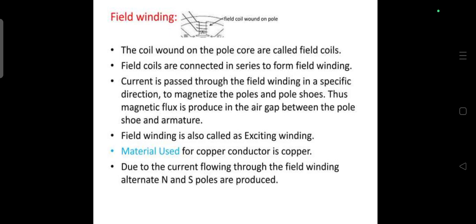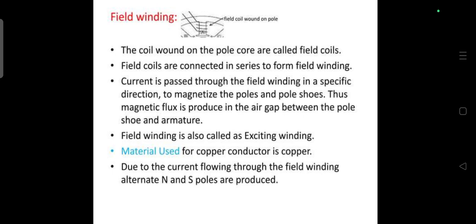The field coils are connected in series to form the field winding. The current is passed through the field winding in a specific direction so as to magnetize the poles and pole shoes. Thus magnetic flux is produced in the air gap between the pole shoe and armature. Field winding is also called excitation winding or exciting winding.